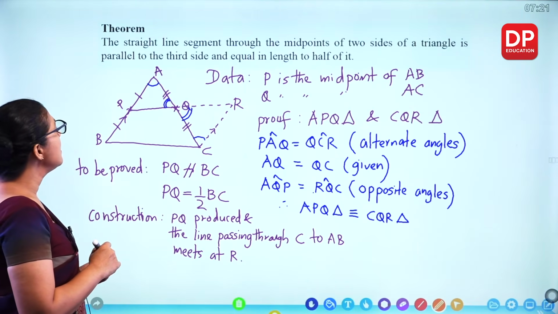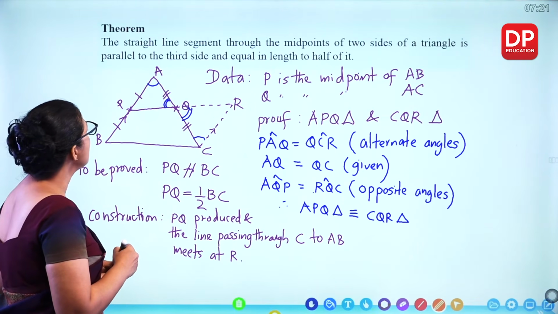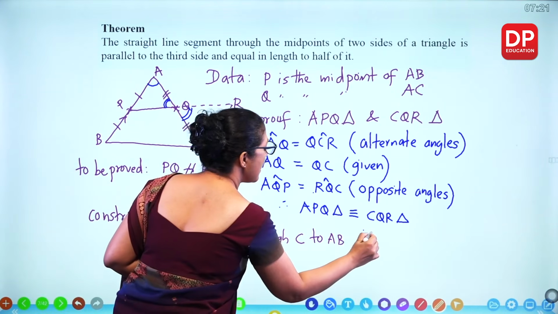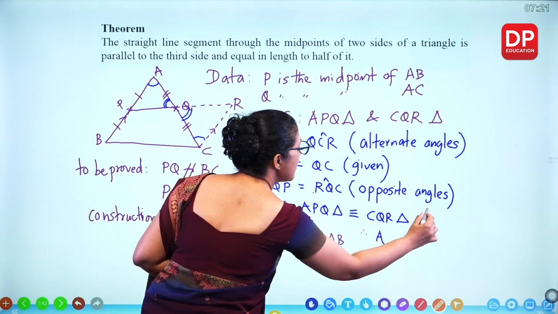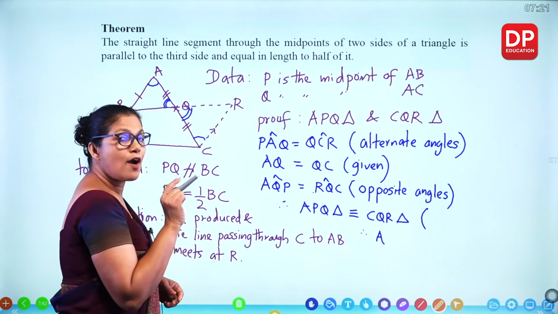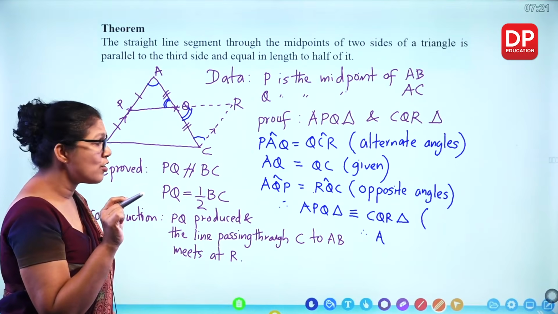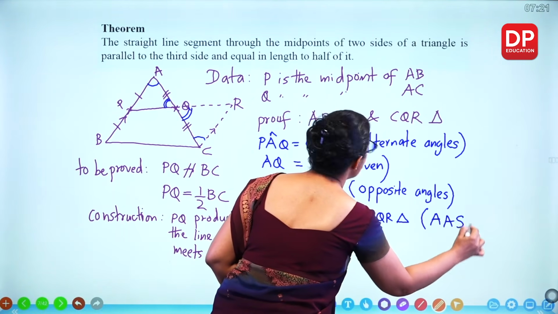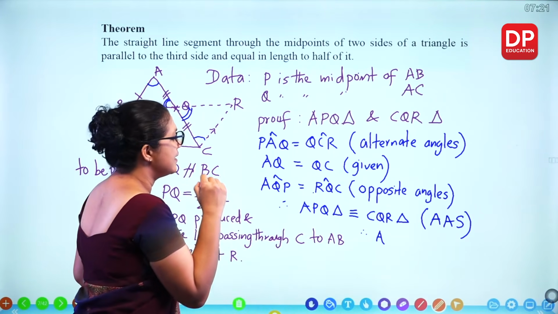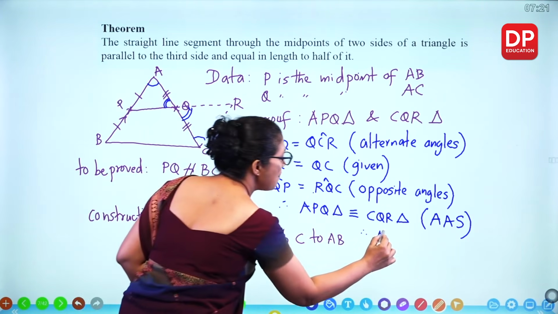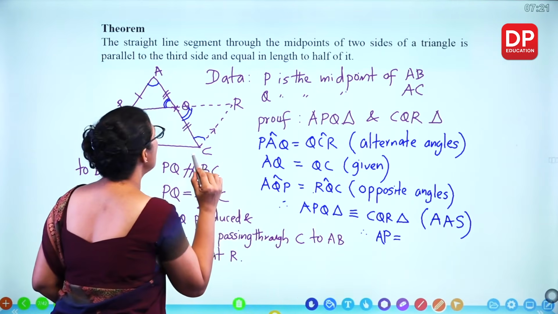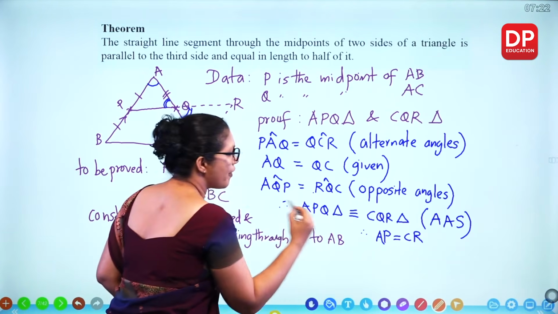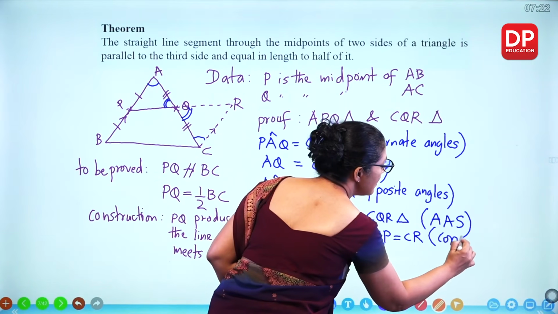Corresponding elements are equal. You have to write down why these two triangles are congruent: angle, angle, side. Two angles and one side. Then we can say AP is equal to CR. Corresponding elements are equal.